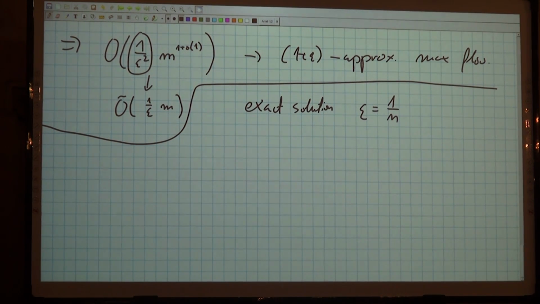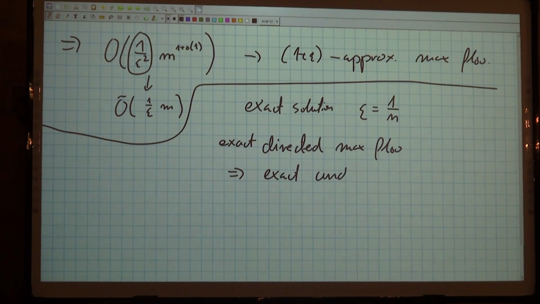By the way, one interesting thing to know is that I can reduce exact directed max flow to exact undirected max flow. So essentially, directed versus undirected doesn't matter. It's okay to think about undirected max flow from the beginning.